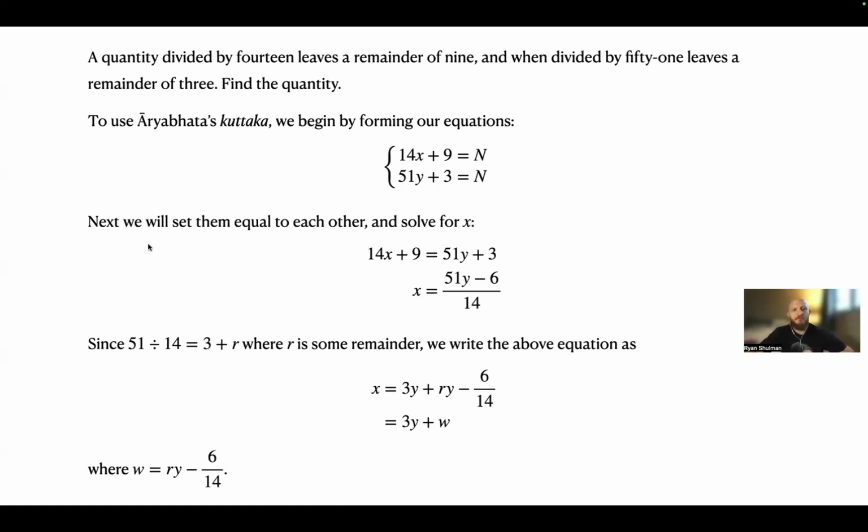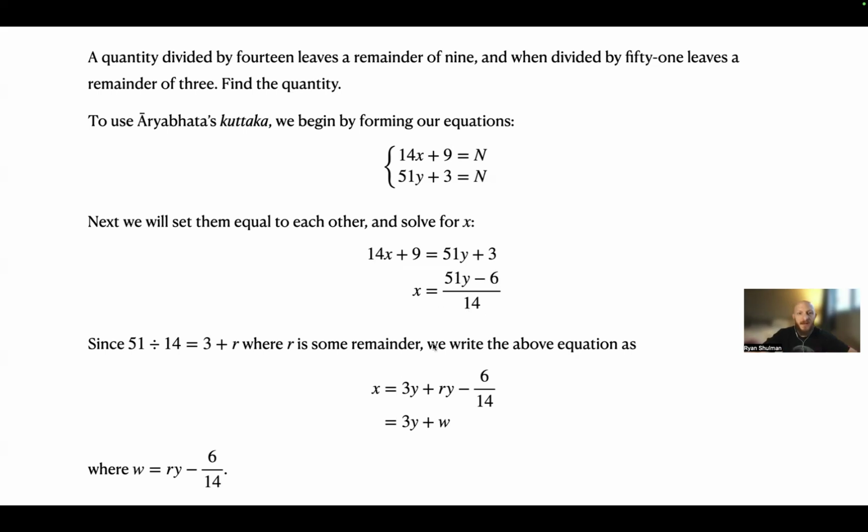So first we'll set these two equations equal to each other. And because x has the smaller coefficient, I'm going to solve for x. And when I do that, I receive x is equal to 51y minus 6 over 14. 51 divided by 14 is 3 with some remainder.